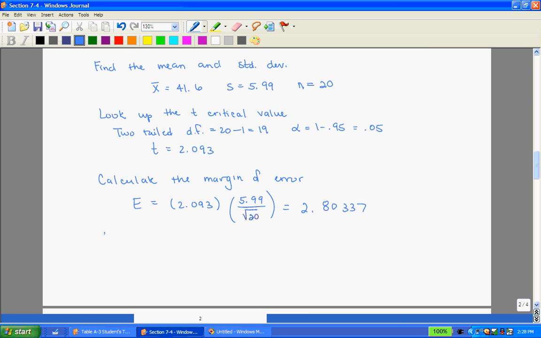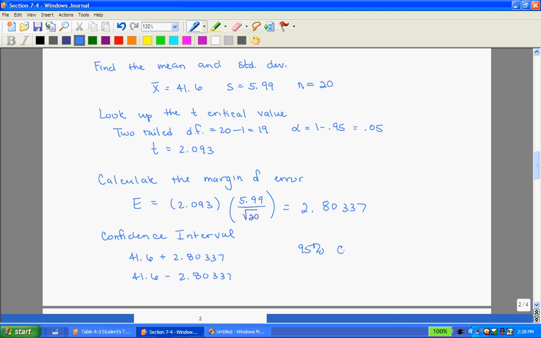And then for the confidence interval, we would take our mean, which was 41.6, and add on the margin of error. And we would also take it and subtract off the margin of error.